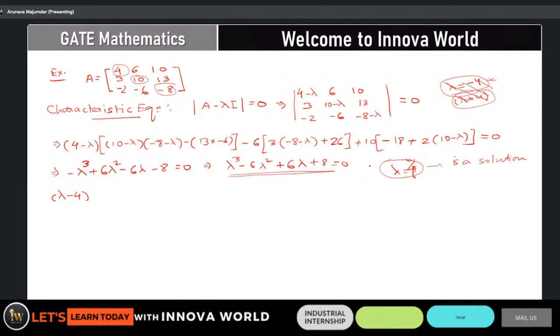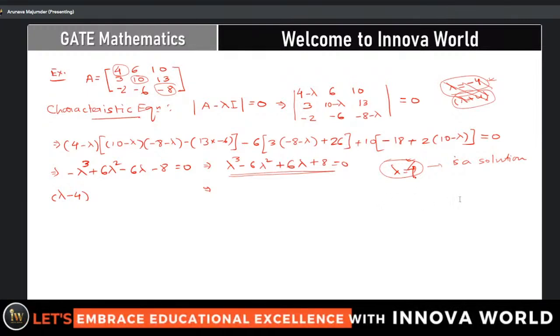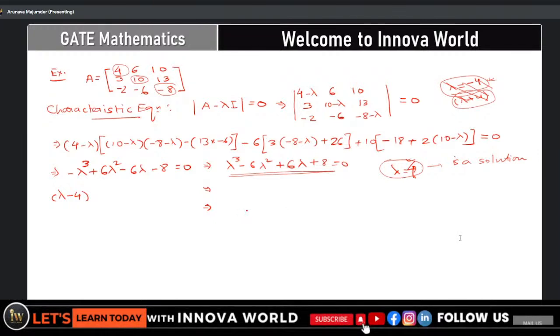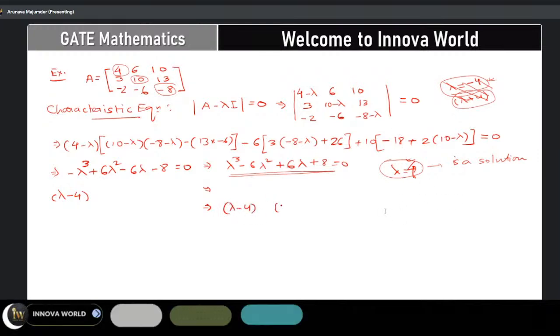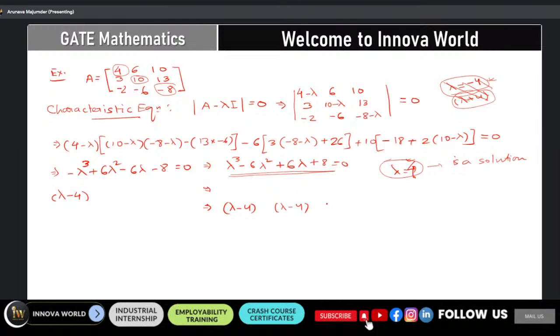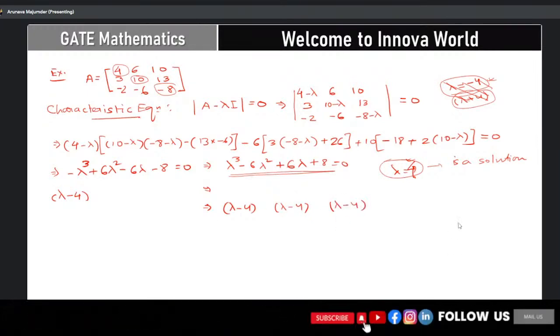Now how can you solve it? The solution will be like this. Since lambda minus 4 is a factor, and since it is a cubic equation, we will write lambda minus 4, lambda minus 4, lambda minus 4, three factors like this.